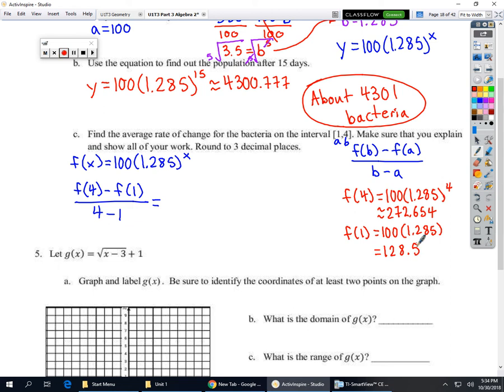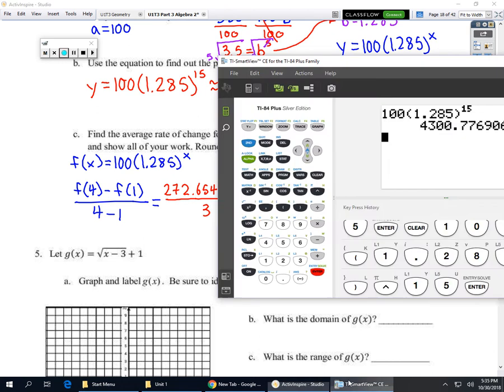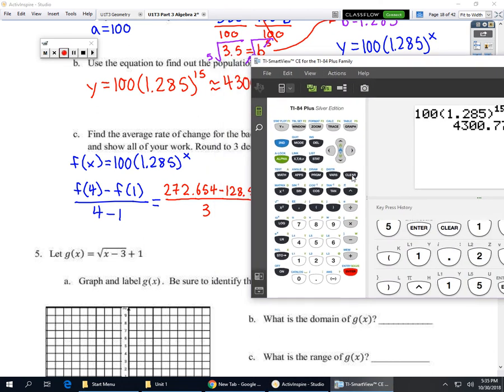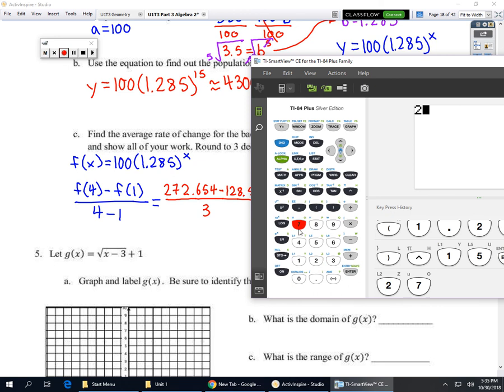All right, so plug in all this stuff. 272.654 minus 128.5 divided by 4 minus 1 is 3. Now we're going to find what this is. I already did this beforehand. No, I did not. I actually have to do this. 272.654 minus 128.5.